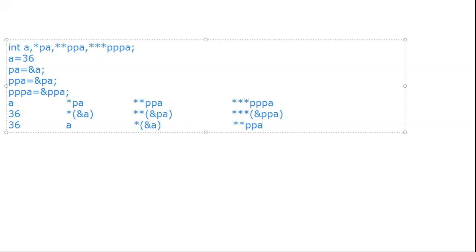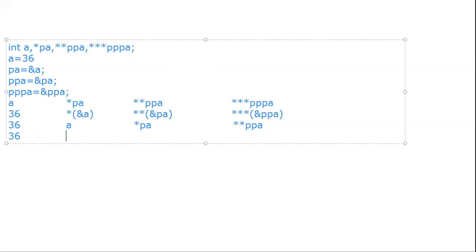Star of ampersand pa means pa. Star of ampersand ppa means ppa. So now again, this value never changes.